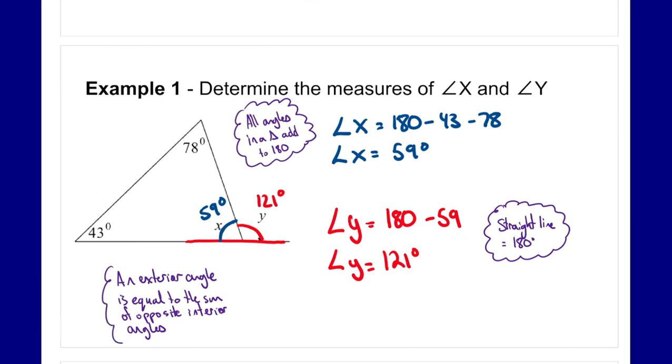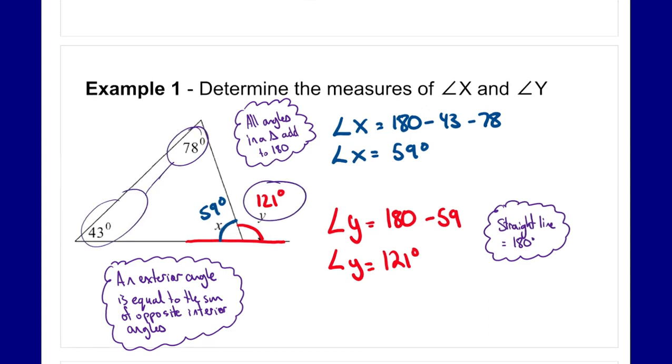So a little bit longer of a property, but again, another one that you might come across. That's just basically saying the 43 and the 78 add up to 121. That's this exterior angle is equal to the sum of these two angles together.